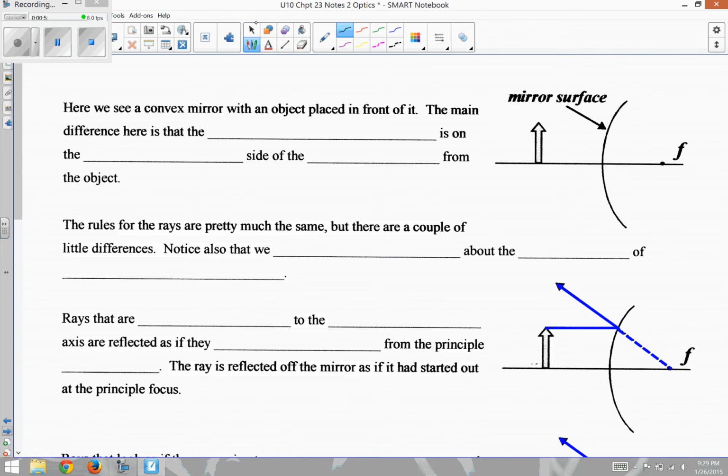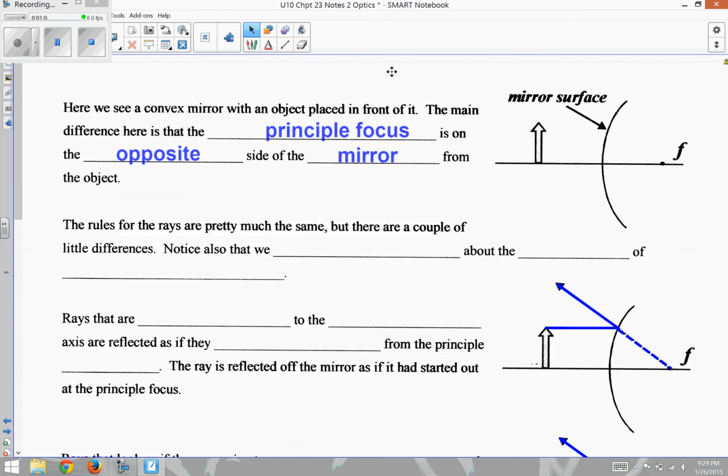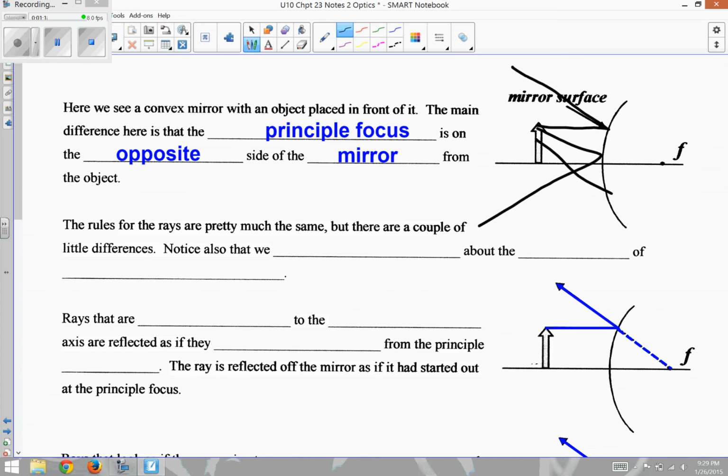So we're going to walk through just one example on these. Here we see a convex mirror with an object placed in front of it. The main difference here is that the principal focus is on the opposite side of the mirror, because light is going to come, and when it hits the surface, it's going to bounce and spread out and get further and further away.